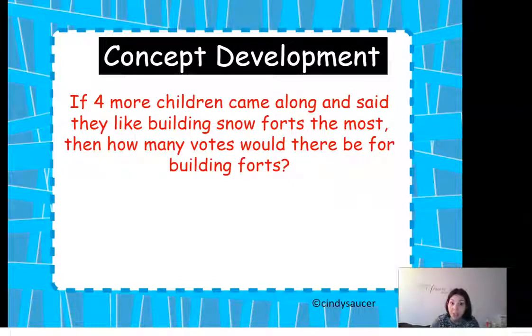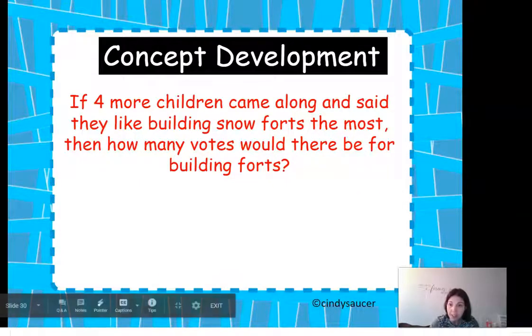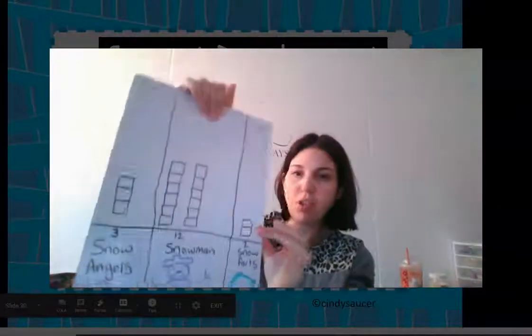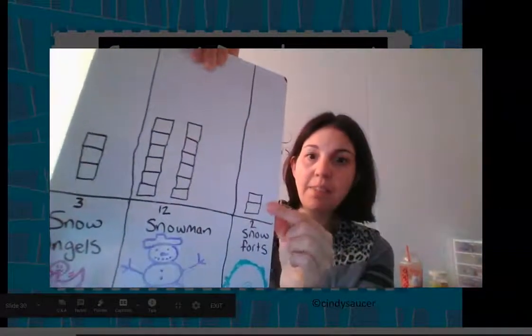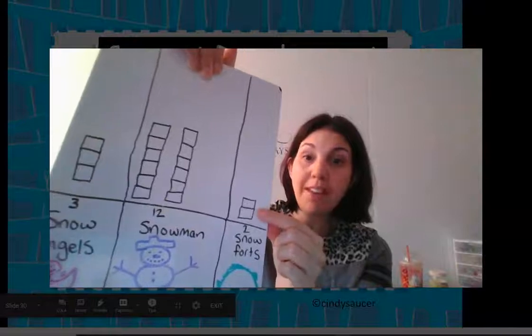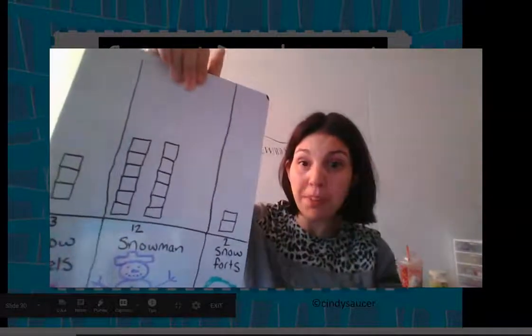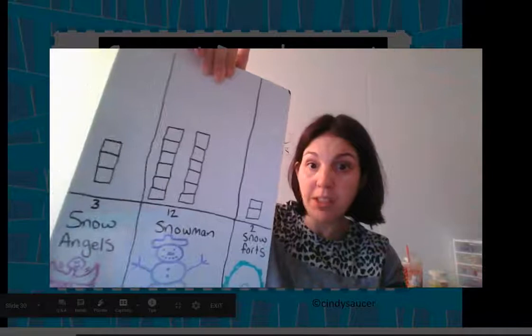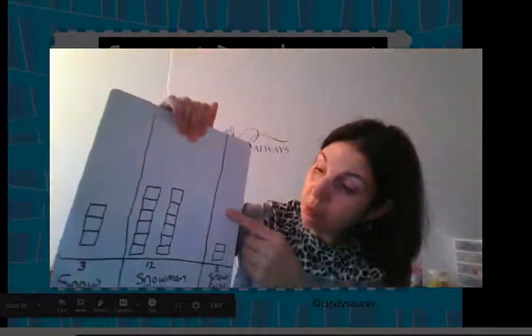If 4 more children came along and said they like building snow forts the most, how many votes would there be for building forts? So if 4 more kids came and said they like to build snow forts, we have how many here? 2. And then if we had 4 more people come and say they like to build the forts, that would be 4 more.